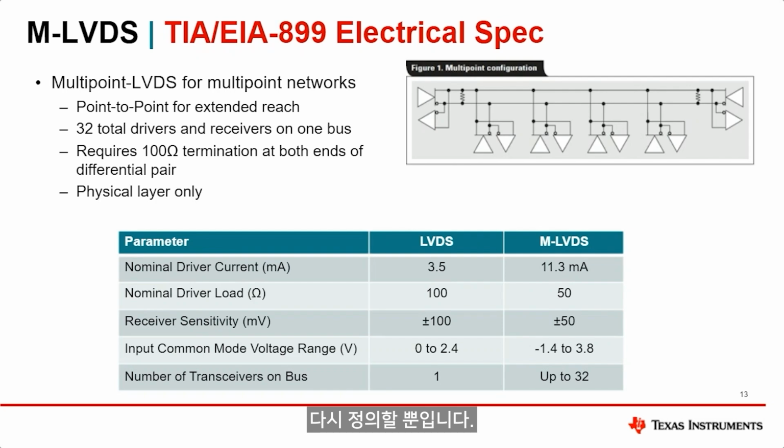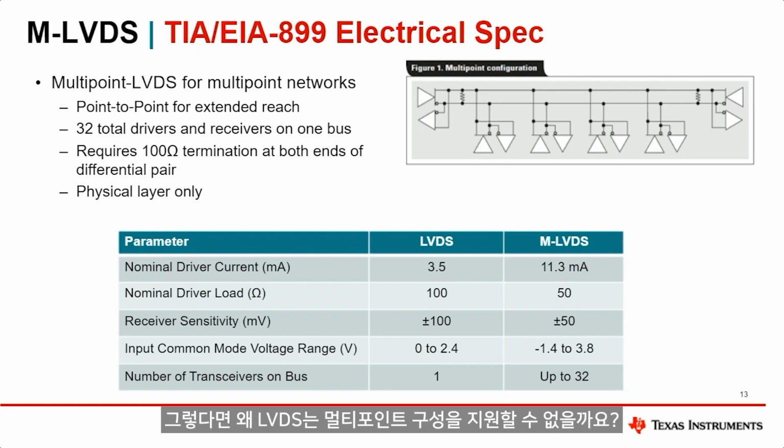An important difference with multi-point configuration is that instead of having a single termination resistor, you now require termination on both ends of the transmission line. So here in the top right.